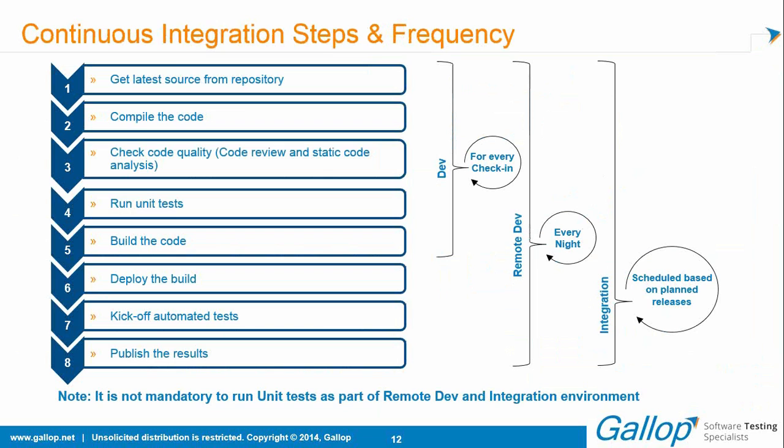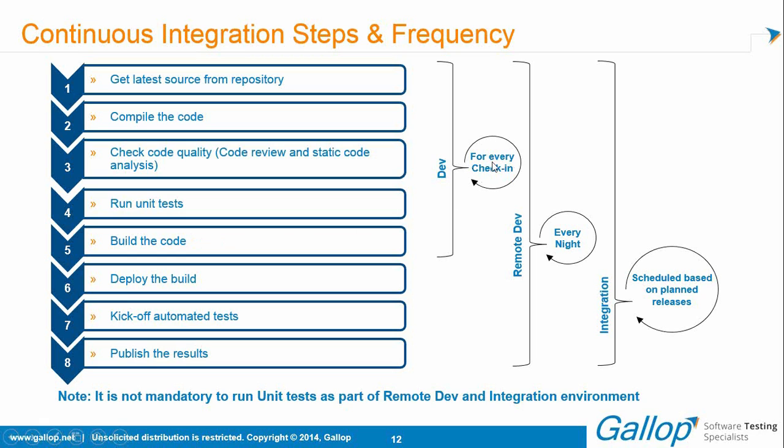This is something very important: the frequency of test execution. As you can see here, steps 1 to 8 are the phases, I would say. These phases include both the development activities and the testing activities. When you are setting up a continuous integration or continuous testing environment, the recommendation the industry gives is that for the dev team, to run the unit test and test the build code, it should be for every check-in.